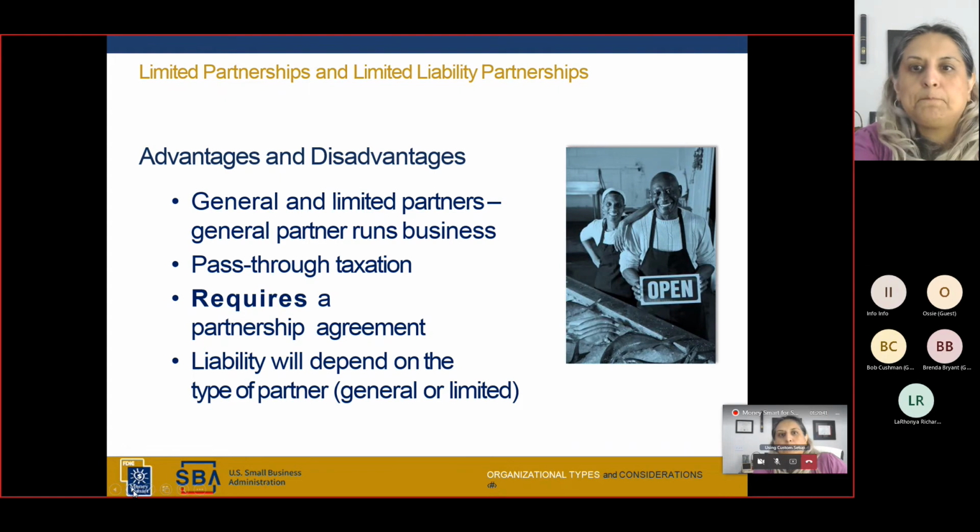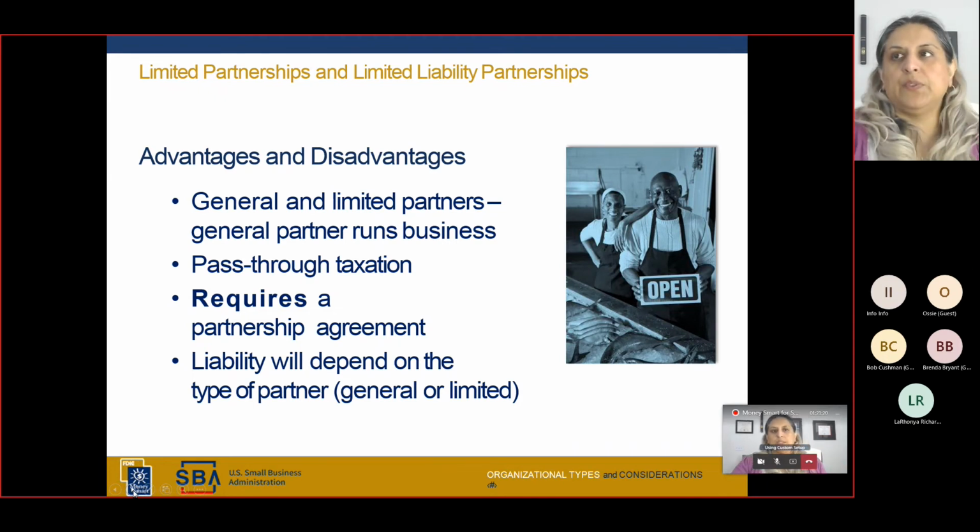So if you're doing the ministry, then you want to put the LP at the end of it, ABC Ministries LP, so that it shows that you're a limited partnership. Just as limited liability partnerships will be required to include the phrase LLP. So if you see an attorney law firm or anything and it says LLP, that means that the partners in that law firm are a limited liability partnership.